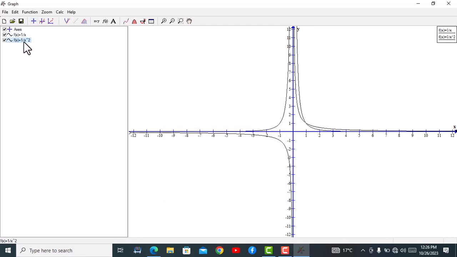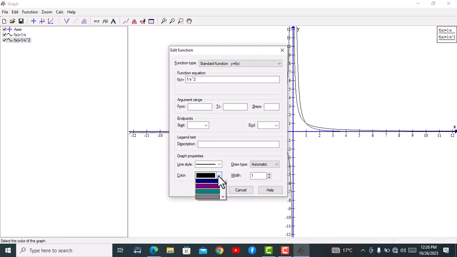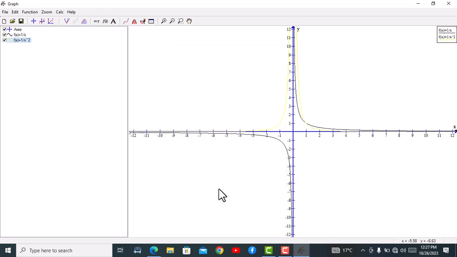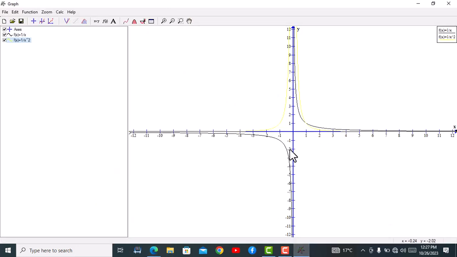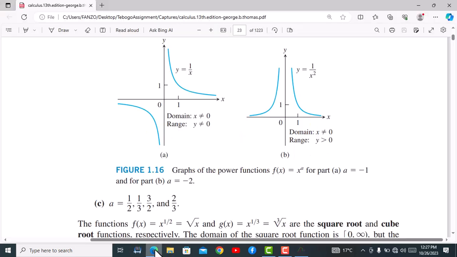Let me just use a different color. Yes, there it is. So we have these functions also in our graphical way of representation.